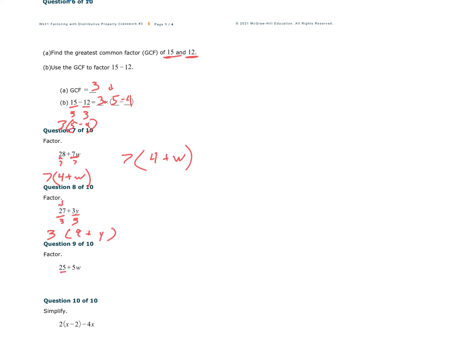Factor 25 plus 5w. We see we can divide the 25 and 5 both by 5. So the 5 goes outside the parentheses. We know it's addition. 25 divided by 5 is 5. 5w divided by 5 is w.